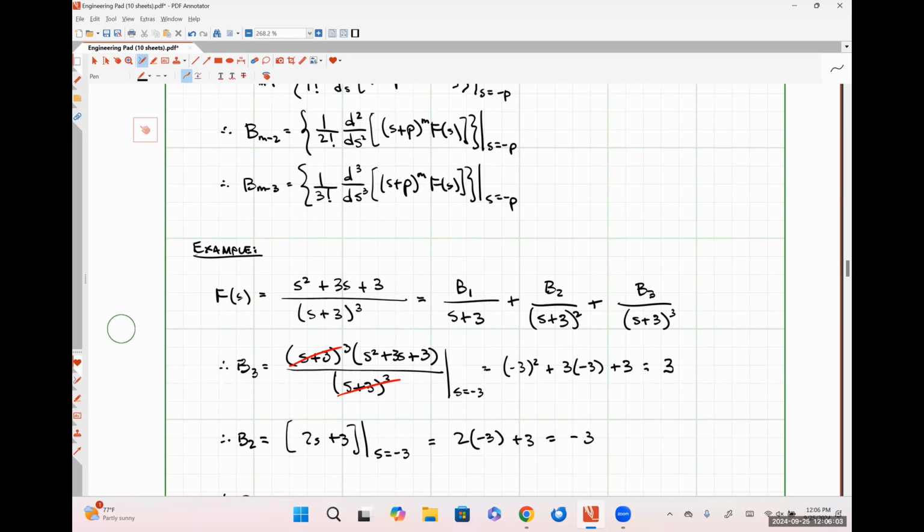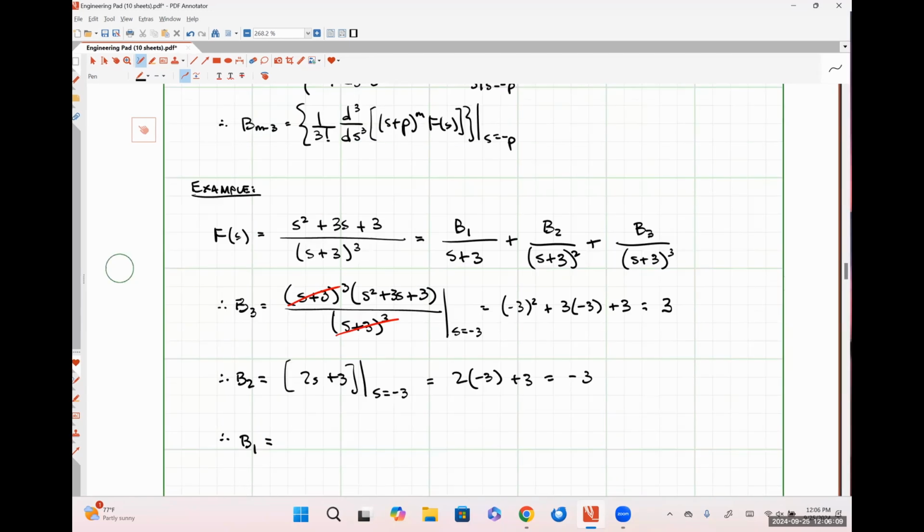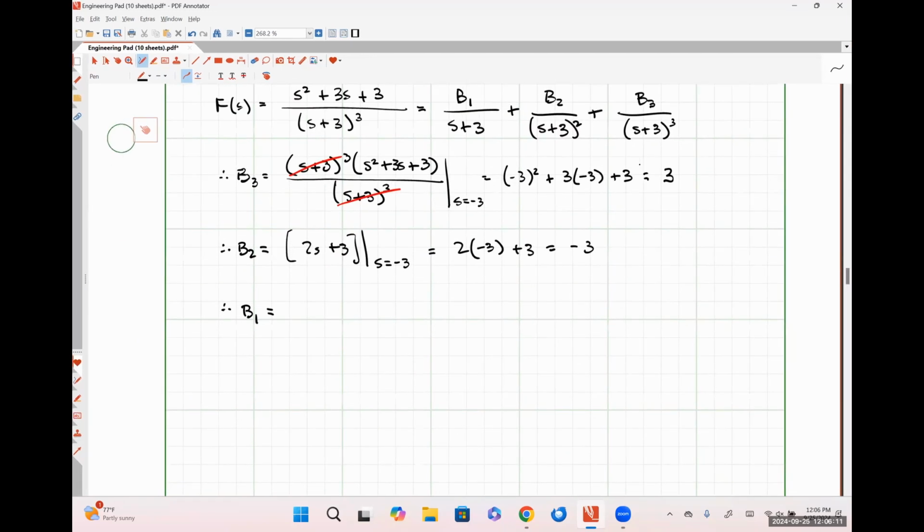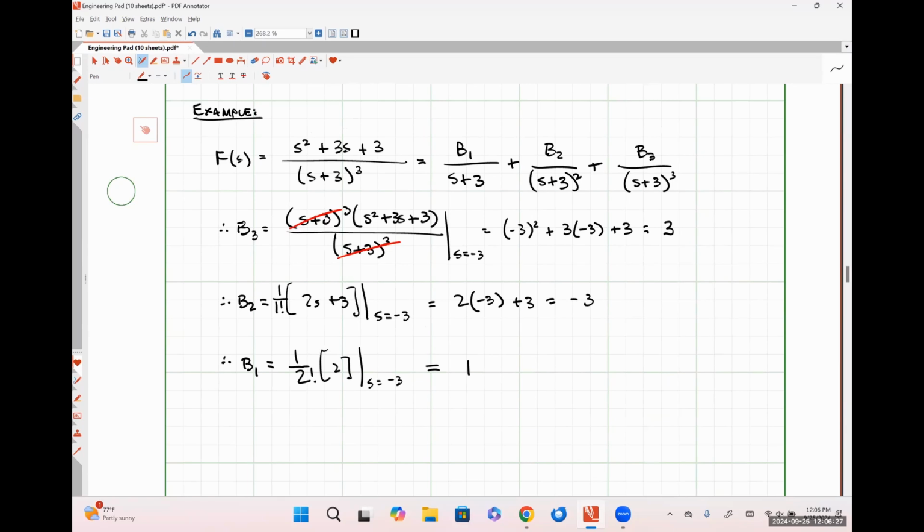What is 1 evaluated at s is equal to -3? Still 1, because there are no s's left. So 1/2 factorial times 2 evaluated at s is equal to -3 gives us 1. And then we would simply plug these in.